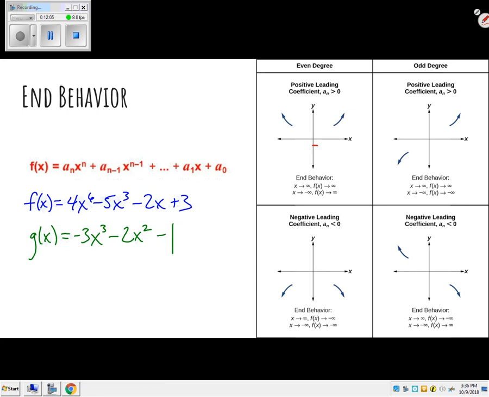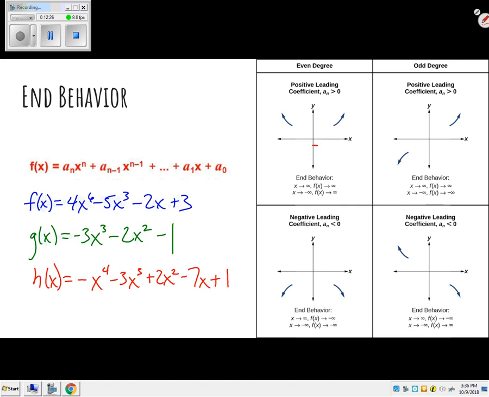I've got some missing terms in there, I know that's not going to matter on this. And my h of x, let's see, let's do negative x to the 4th minus 3x cubed plus 2x squared minus 7x plus 1.